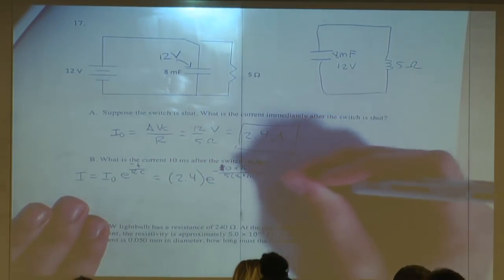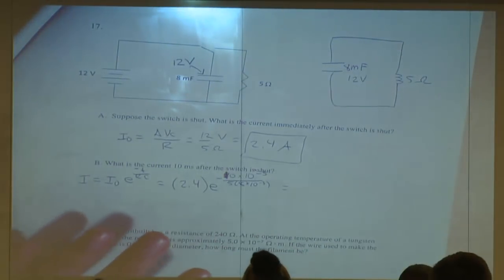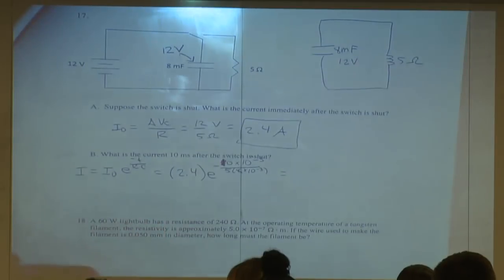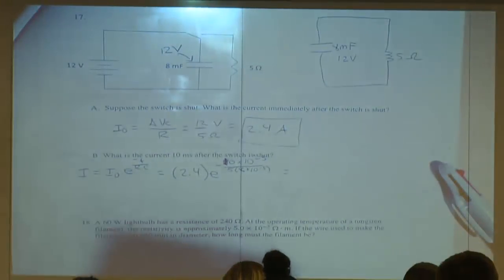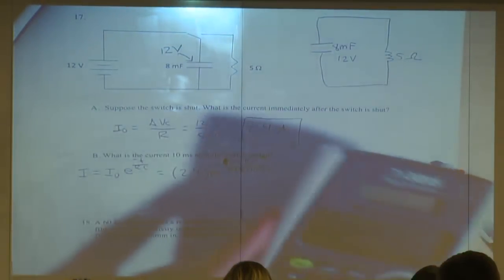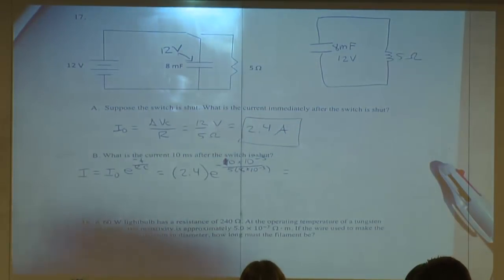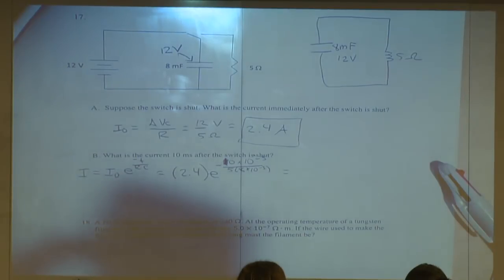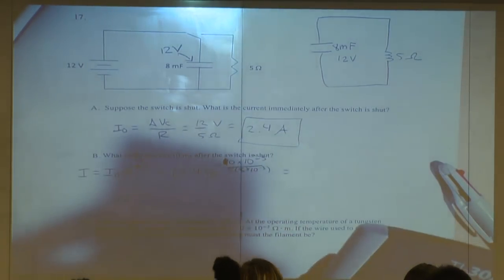Okay, so my answer on here will probably not be right, so if someone wants to put this in their calculator really quickly so we can have the right answer, because for some reason I put 20. Or I could just do it. So 2.4 times e to the negative 10 times 10 to the negative third over 5 times 10 to the negative 3.